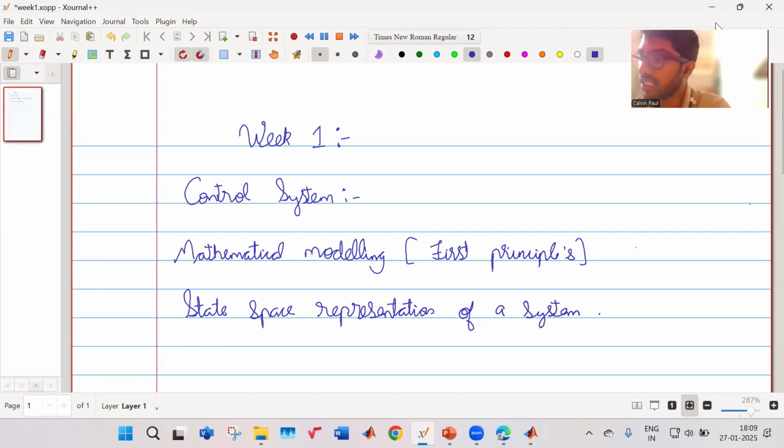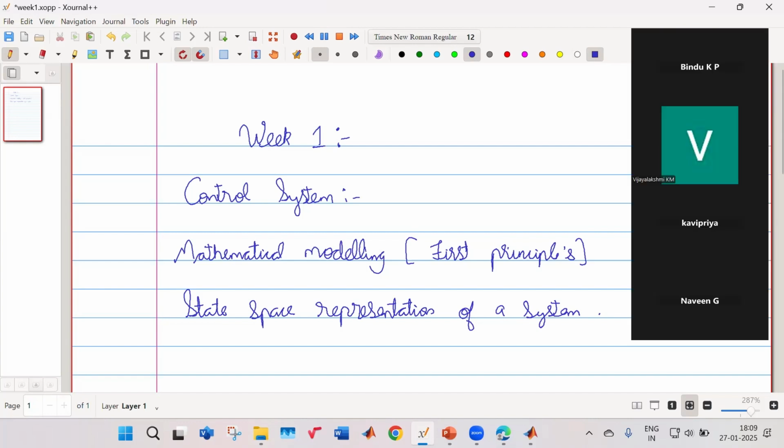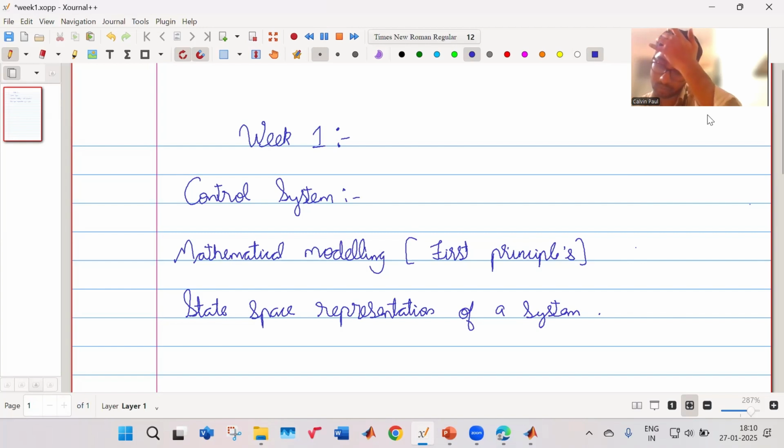Is the state space representation for linear systems or non-linear systems? Can anyone tell? Can you please repeat the question? Is the state space representation of a system for linear systems or for non-linear systems?